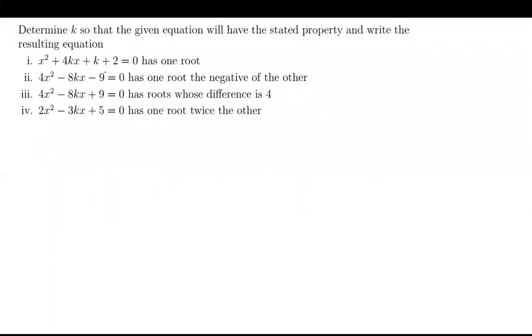And then here I'm also going to do 2 or 3 questions if time allows. So we begin by saying determine K so that the given equation will have the stated property. The question is very simple. Let me just pick a question which is at least not going to waste most of our time.